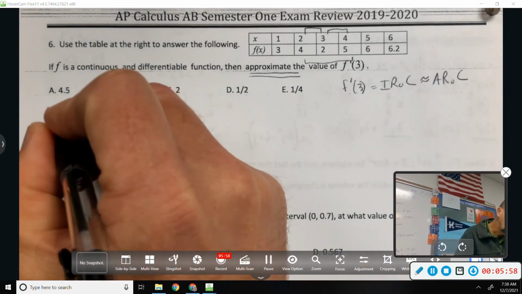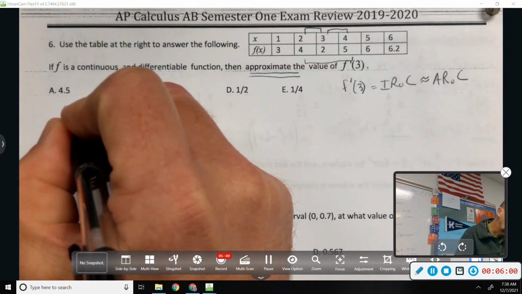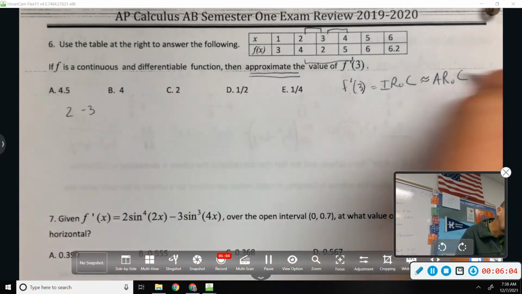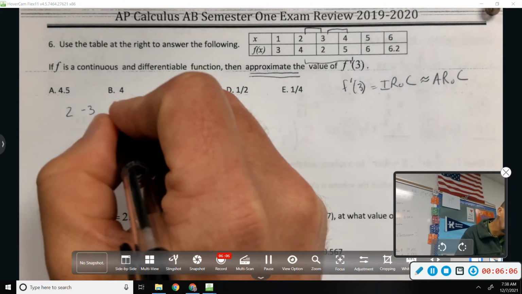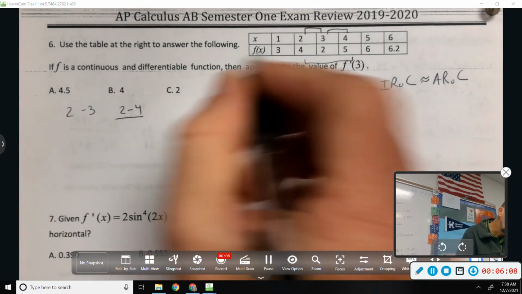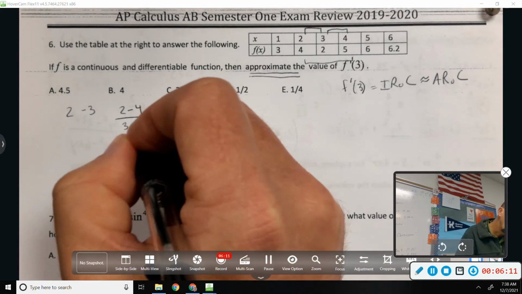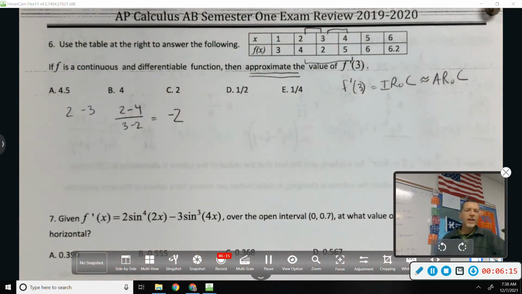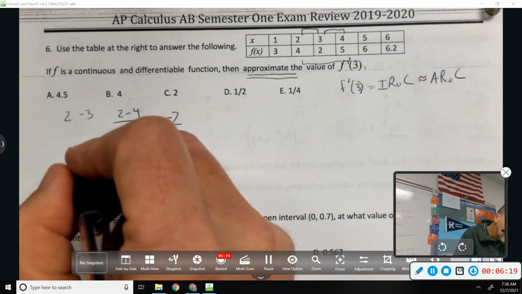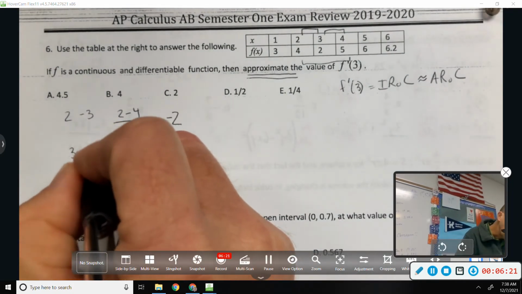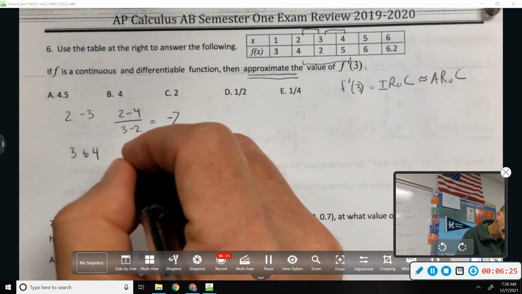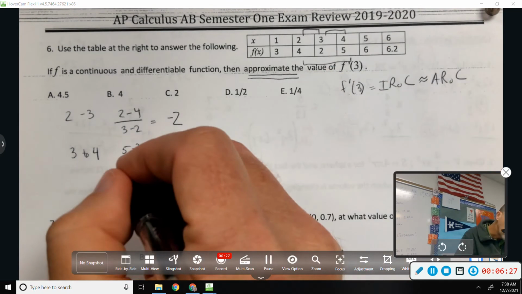So I guess we'll start by using 2 to 3. So that would be, again, this is just algebra slope formula here. 2 minus 4 over 3 minus 2. So that would be negative 2. That's not even an answer choice. So let's try 3 to 4. So that would be 5 minus 2 over 4 minus 3.